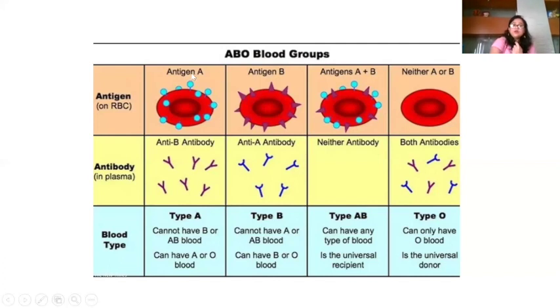A person who has blood group A has antibodies B, which are compatible with antigen A, but not compatible with antigen B. Whereas a person who has blood group B will have antibodies A, which are compatible with B but not compatible with A.